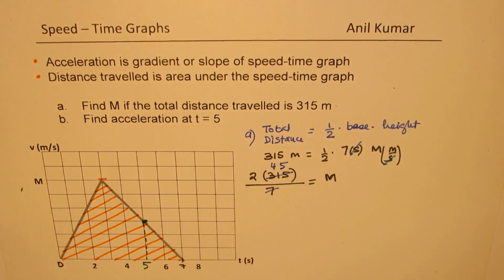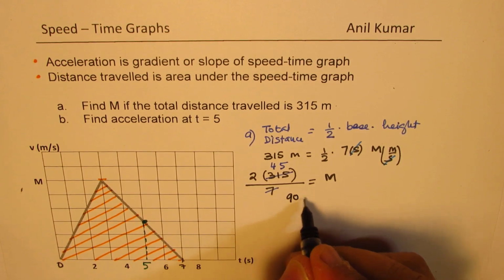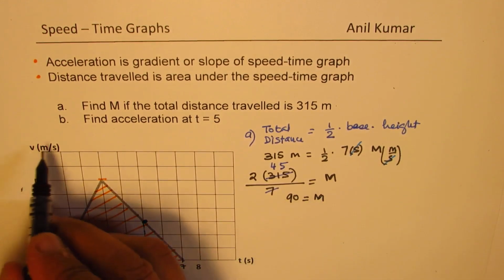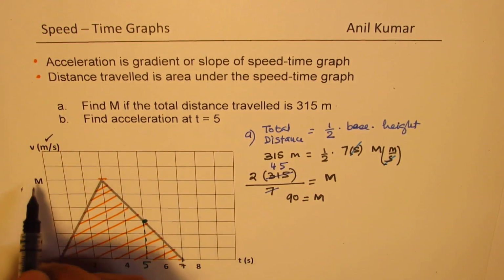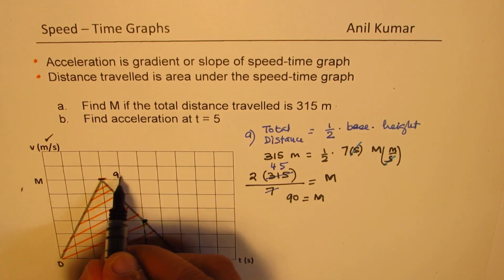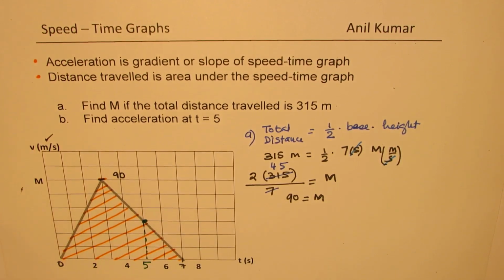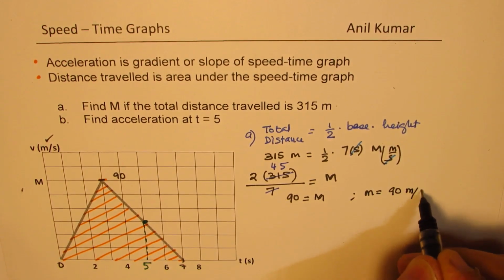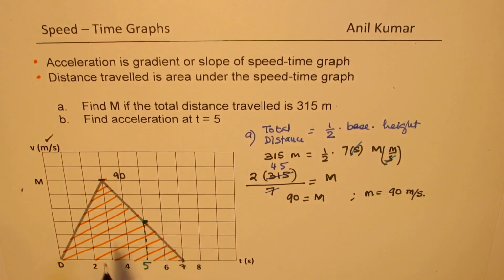So from here we get m as equal to 90. We use the units meters per second, that is correct, right? So we know the m value here is 90. So that is part A. So we get m equals 90 meters per second. Clear? Now we need to find acceleration at this point.